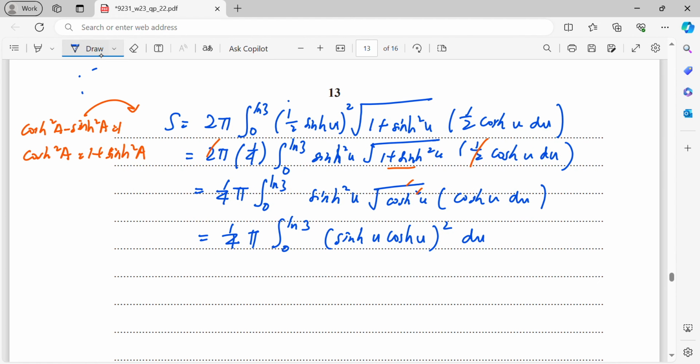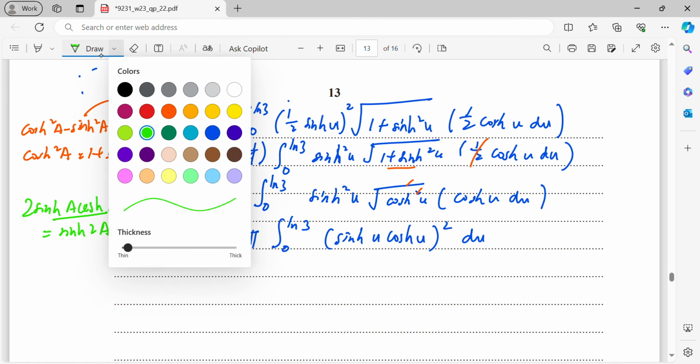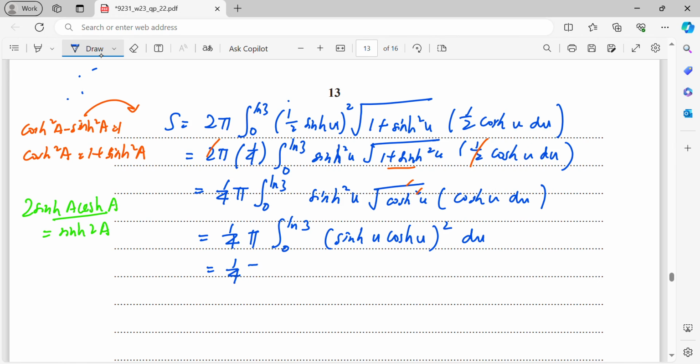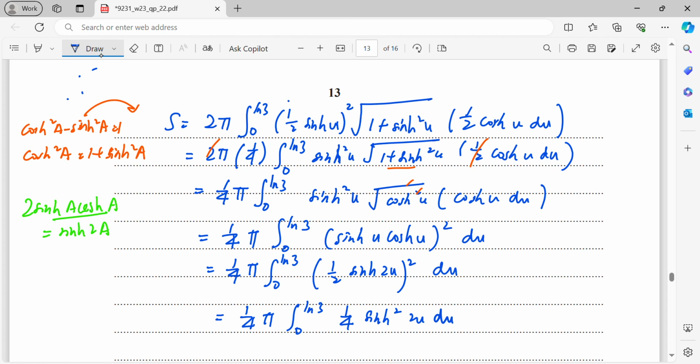Then now use the formula 2 sine a cos a equals sine 2a. So now this is sine a cos a, so the 2 moves down, that is half. So I will get 1 over 4 pi, 0 to ln 3, half sine 2u squared. Then you bring the square in, it will be another 1 over 4, sine squared 2u du.